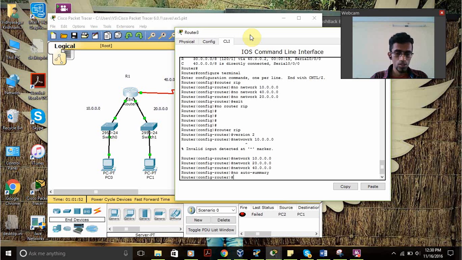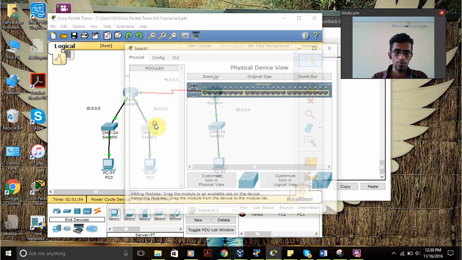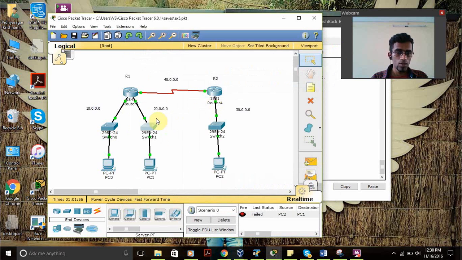So we are entering this command just so that, consider these networks are subnetworks: this one is a subnet of the 10.0.0 network, and this is another subnet of the same IP range. So if you could see, the two subnets are connected to two different routers.